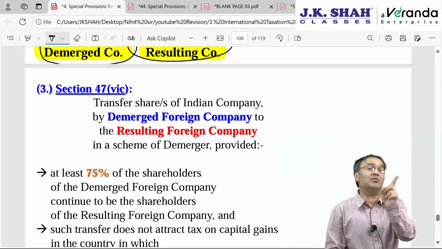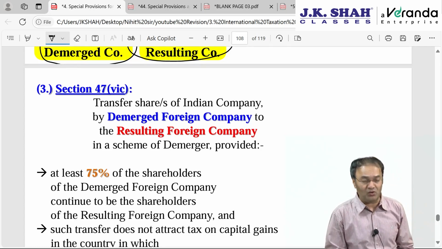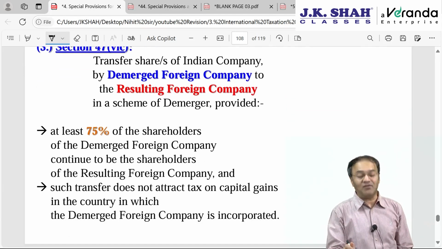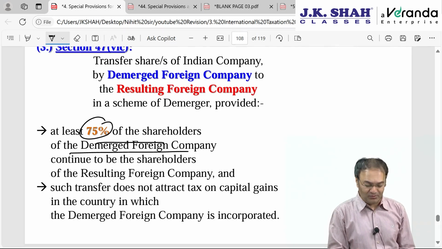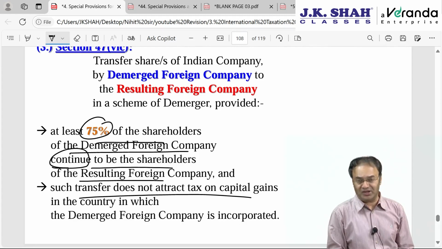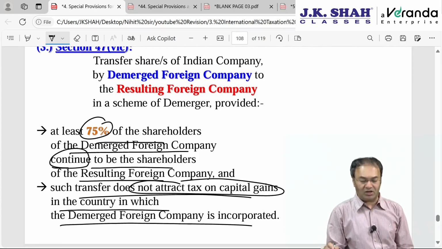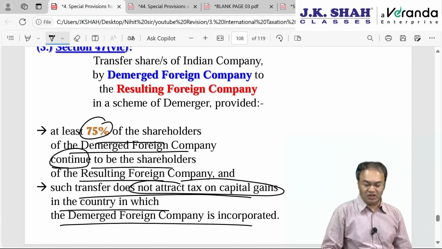In case of amalgamation of two foreign companies, 25% shareholders have to continue, but in case of demerger, 75% shareholders have to continue. 75% of shareholders of demerged company continue to be the shareholders of resulting company, and second condition is same, such transfer does not attract tax on the capital gain in that country where demerged foreign company is incorporated.